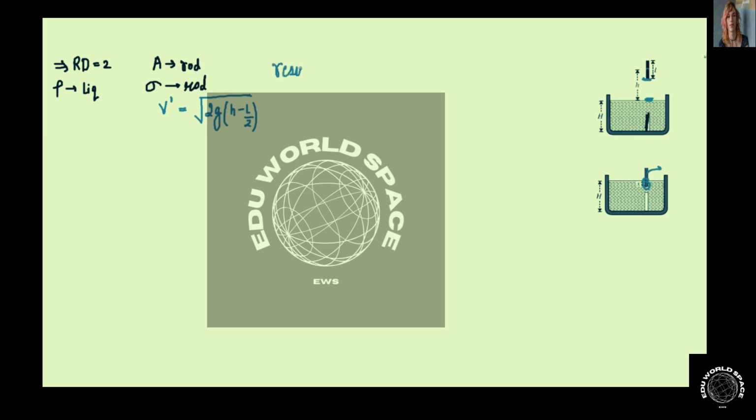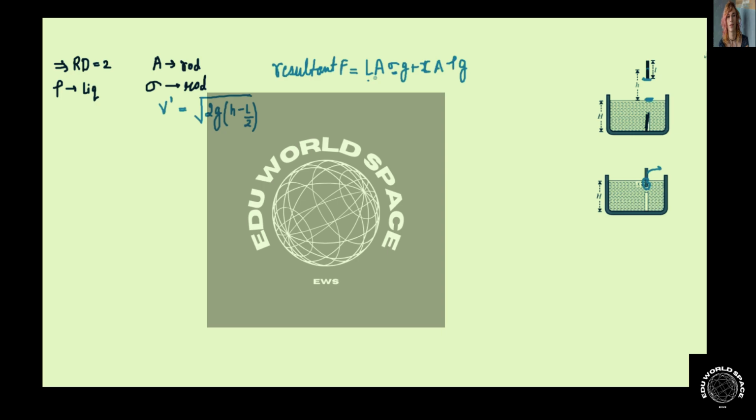So the resultant force will be equal to LA, which is the length of the rod into area, into sigma g plus LA. Here L will be x because x distance is immersed, into rho g. It's rho here because the x part is in the rho liquid, and this one is the entire rod's density, which is sigma.